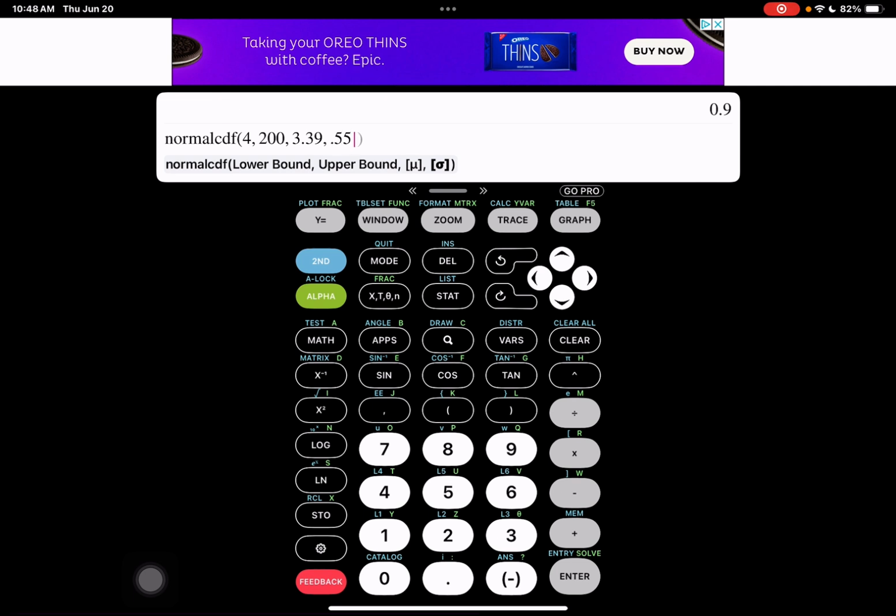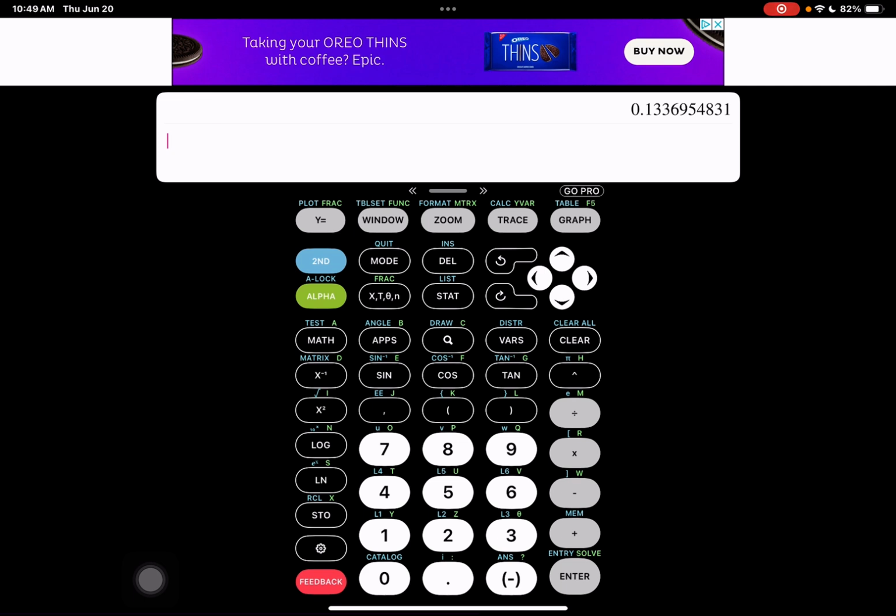Right, I'm going to go outside here and hit enter. And you can see that we have 0.13369, right? So that means approximately 13% of the babies born at that hospital are above 4 kilograms.